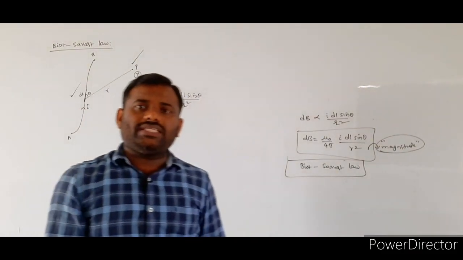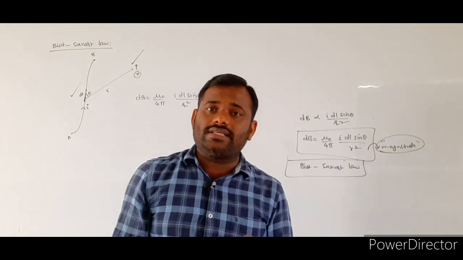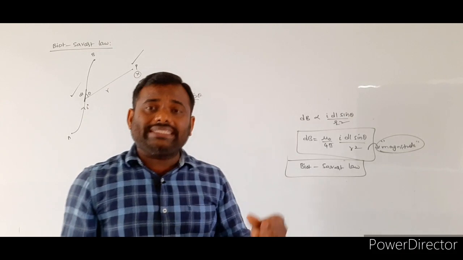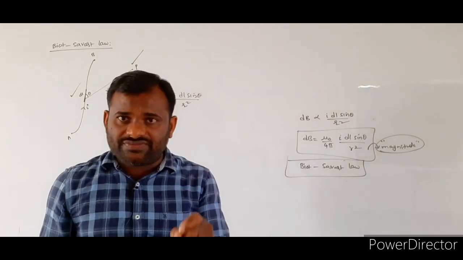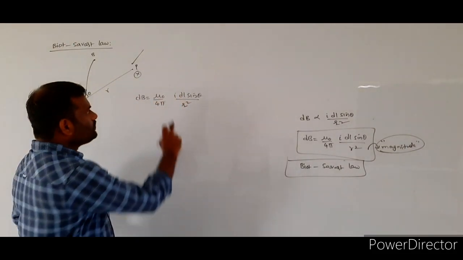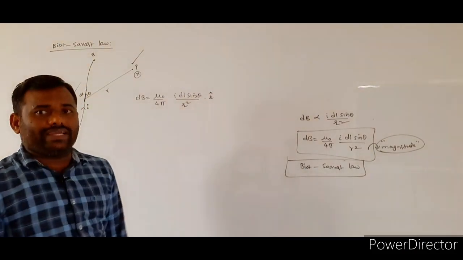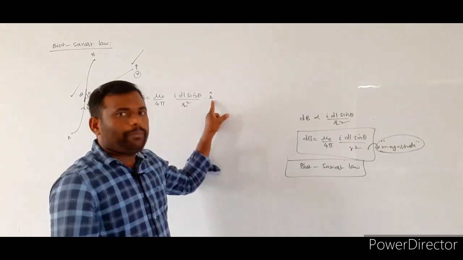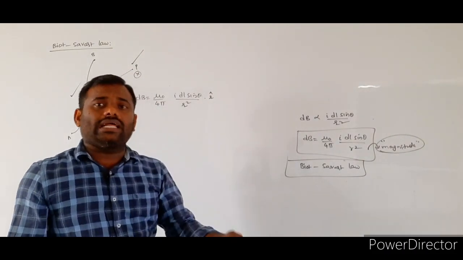This equation gives only the amount of magnetic field intensity at that point. To represent it in vector notation, we must also represent the direction of the magnetic field. The direction is represented by the unit vector; r cap is the unit vector of the position vector.